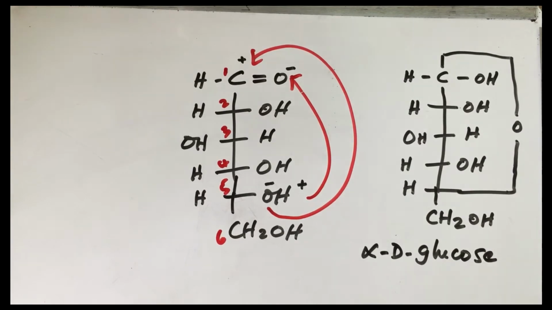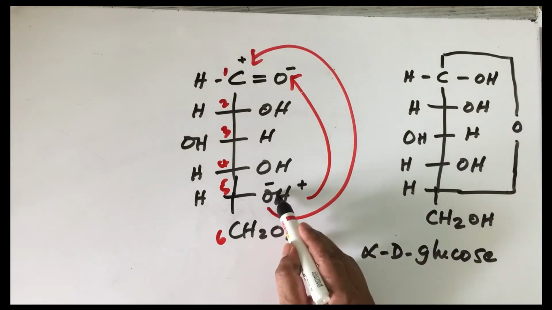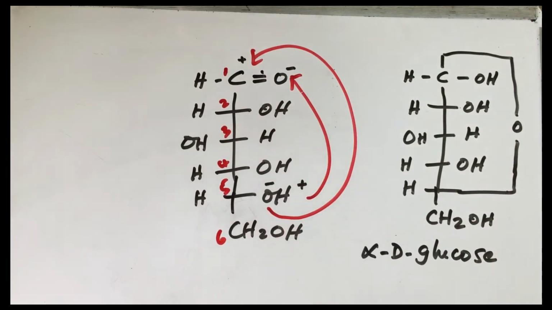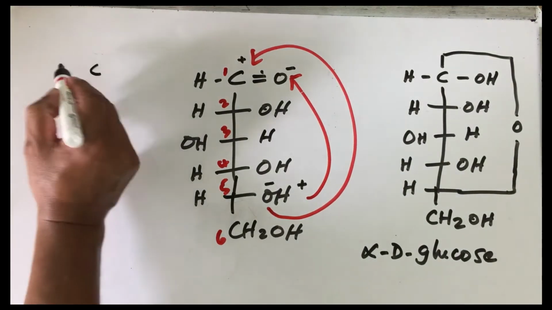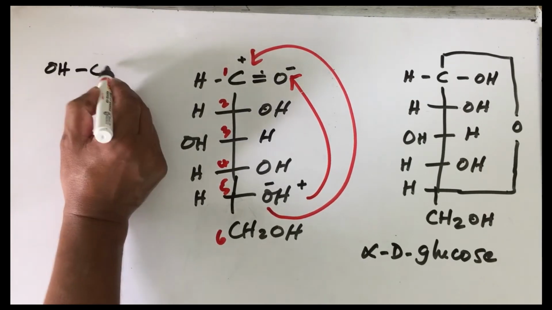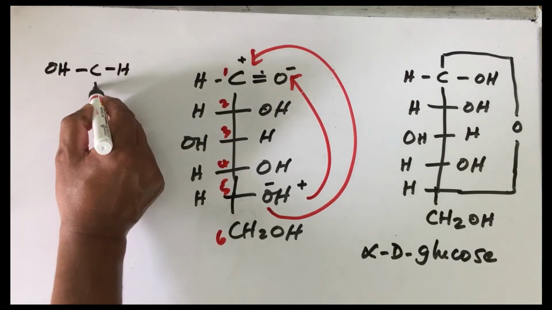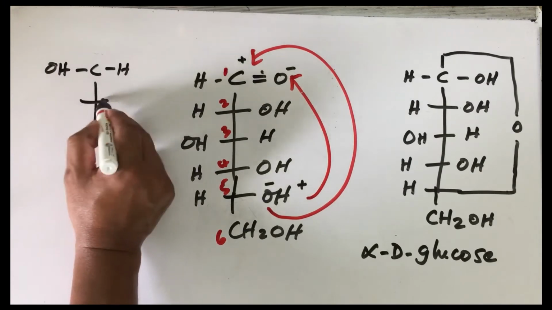We can also have this OH on the left hand side. It all depends on whether this OH is attacking this keto group from the left side or from the right side. If it is from the left side, we can have a structure like this. So OH is here, and this is H. All other carbons are the same.